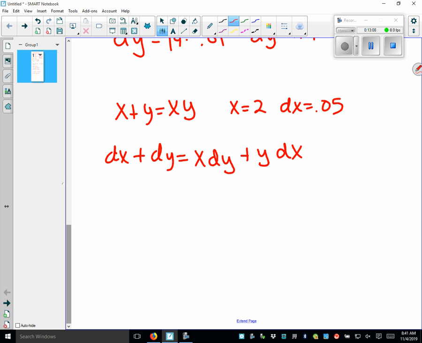I now need to solve for dy. Is it okay with you if I put numbers in instead of letters? You're going to plug in dx and x.